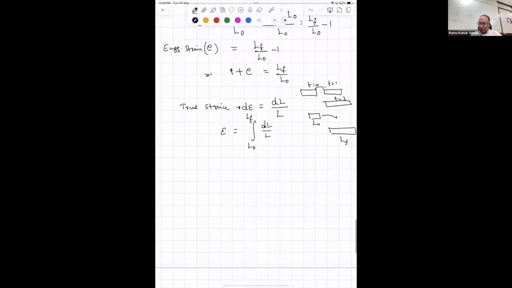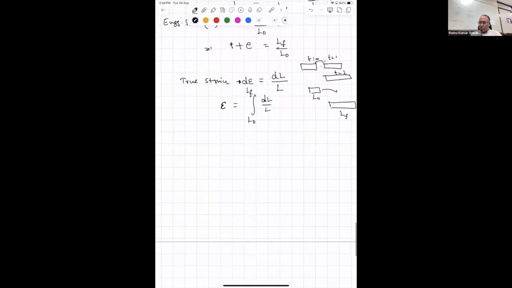Because this is incremental and total true strain is this. So integral of 1 by x dx is what? Natural log x, right? So that is what I am doing. So true strain is equal to natural log L between limits L0 and LF. If I apply that, then epsilon is equal to natural log LF by L0.